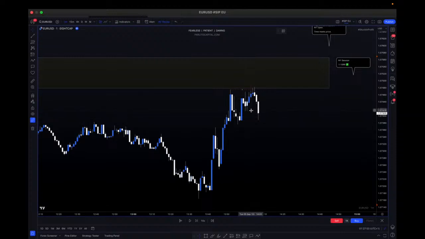So you can be aggressive and take this initial one, or wait for this low to get taken out before you decide to short. We can see that change of character there. So we can either take that as a sweep, or we can even take this candle here as a sweep, whichever one really works for you at the end of the day.